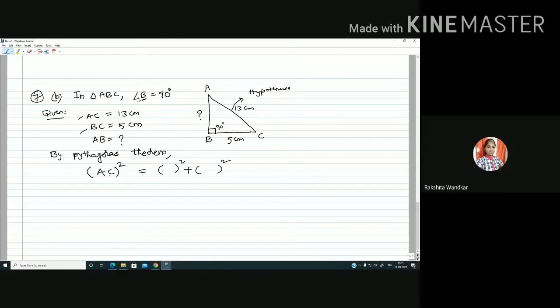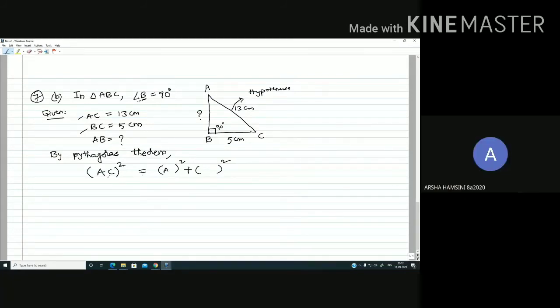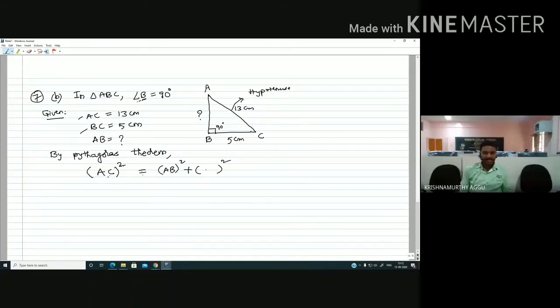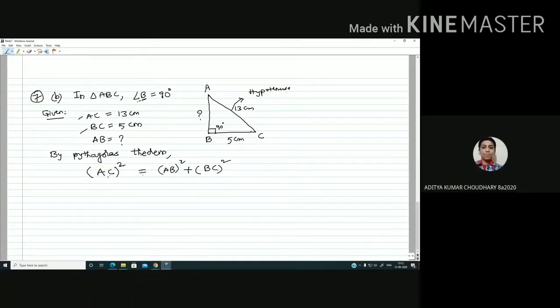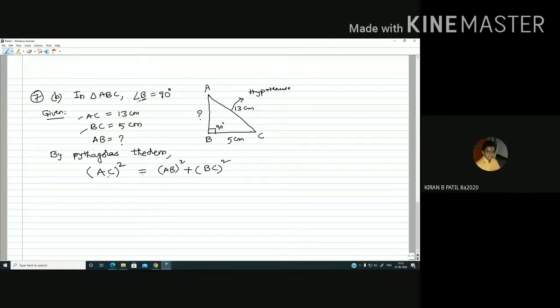So AC square equals AB square plus BC square. Is the theorem clear to you?